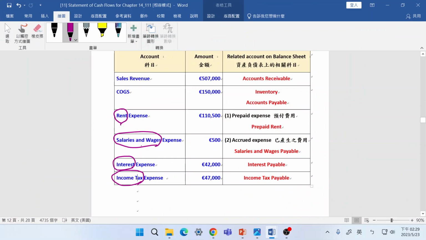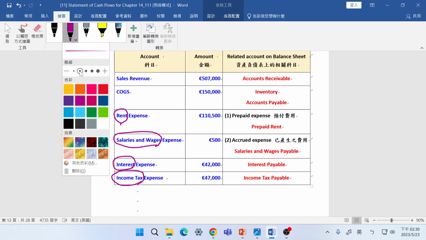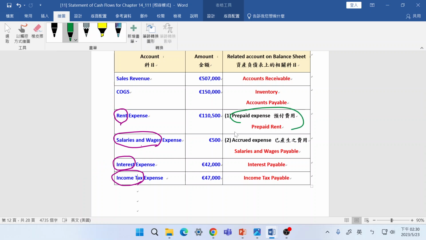Before we continue, here I want to remind you, because if you forgot, you don't know how to use it to get your cash inflows. Prepaid expense, accrued expense, what's the difference? Prepaid means you pay the cash at the beginning already. So prepaid expense is your asset or your expense?